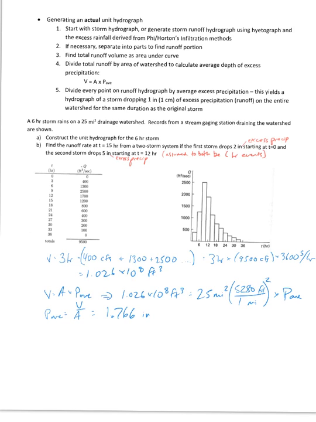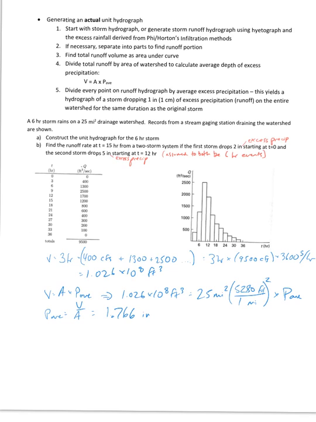Now my last step is to divide every point on the runoff hydrograph by this number, 1.766, to get my unit hydrograph. This actual data I recorded corresponds to a storm whose excess precipitation was 1.766 inches.